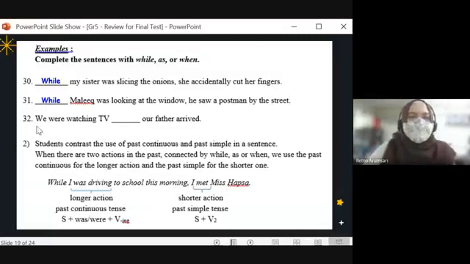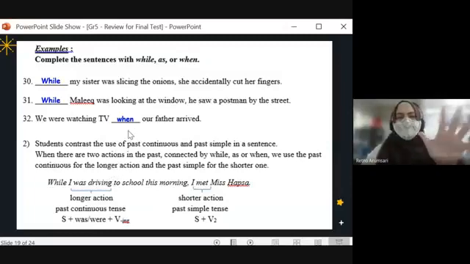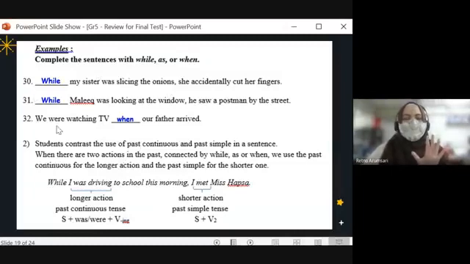Now, what about number 32, Amy? What do we put here? When. Is that right, Faisi? Yes. So it will always be like this, yeah. Don't get confused here, Faisi. It will always be like this. Okay, past continuous first and then followed by past simple.